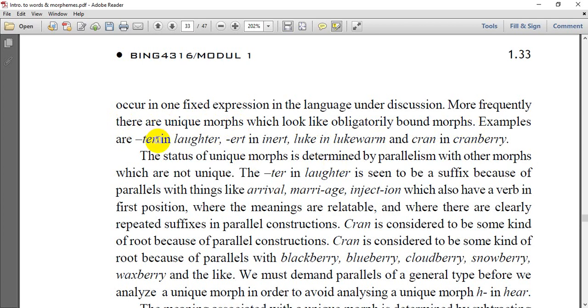Here we have examples: laughter, inert, lukewarm, cran and cranberry. The status of unique morphs is determined by parallelism with other morphs which are not unique.